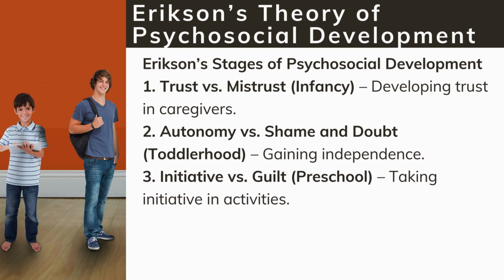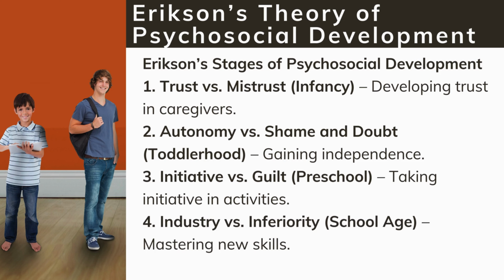Initiative versus guilt. This is during the preschool age. Children develop initiative by taking leadership roles during play. Example is a preschooler organizing a game with friends. This builds initiative.